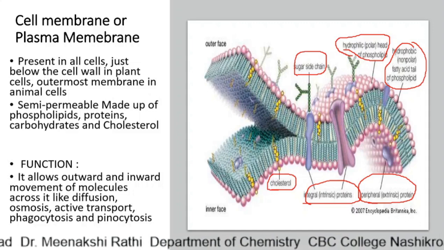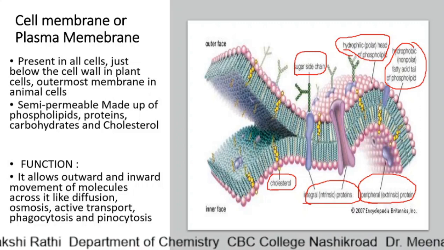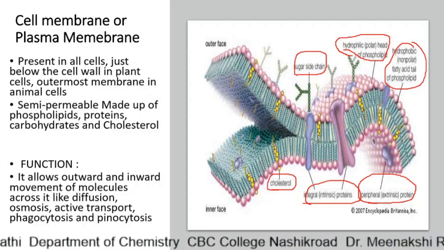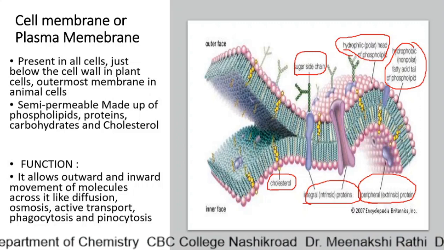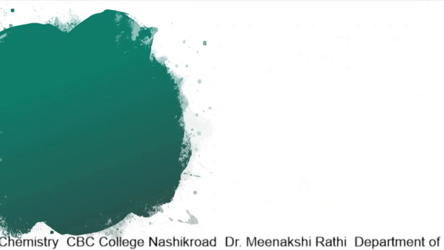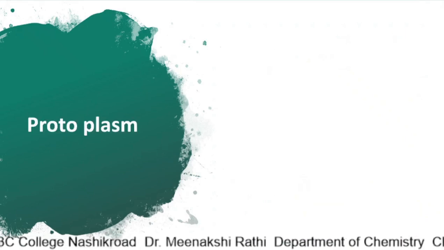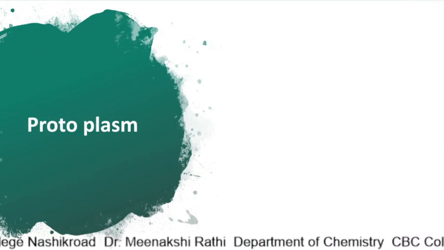It helps in diffusion, osmosis and active transport. These functions can be performed by the plasma membrane. Now, the next cell part is the protoplasm.